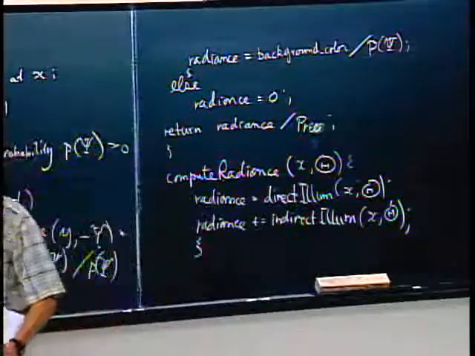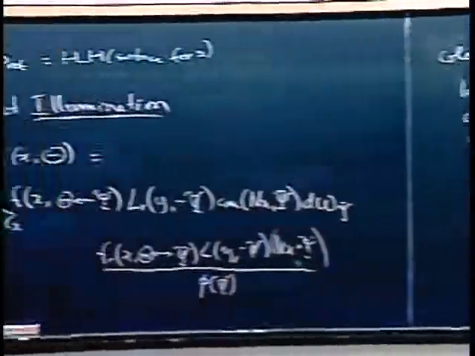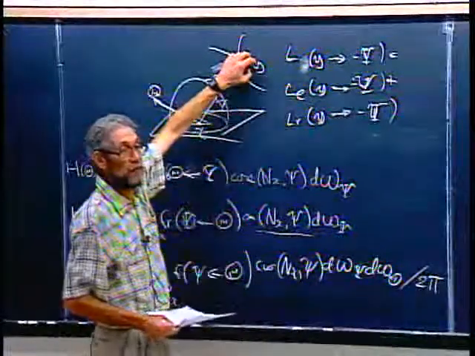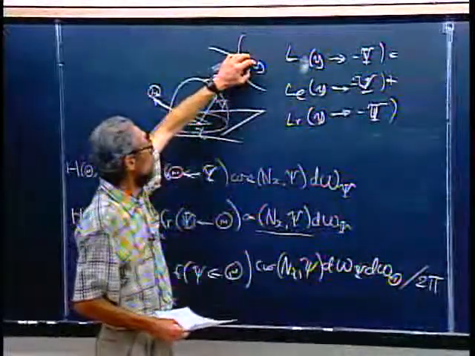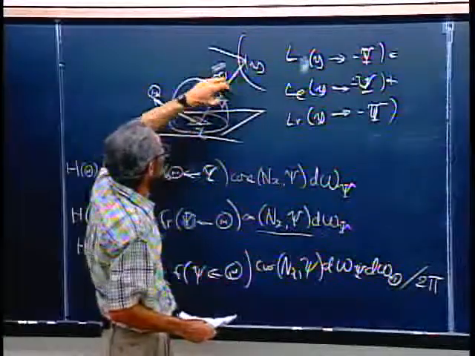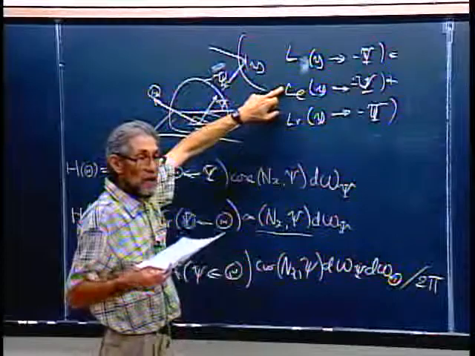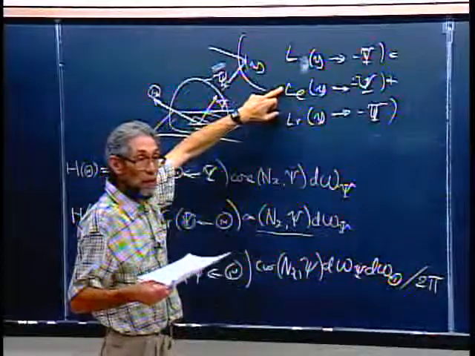In other words, the emission that y sent to here because it was like a light bulb or a hot surface or something. Now that's incorrect because that would be part of the direct illumination at this point.